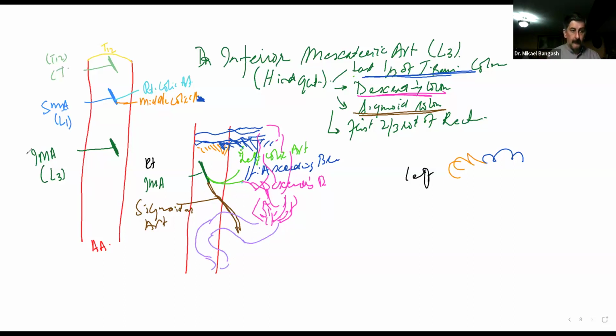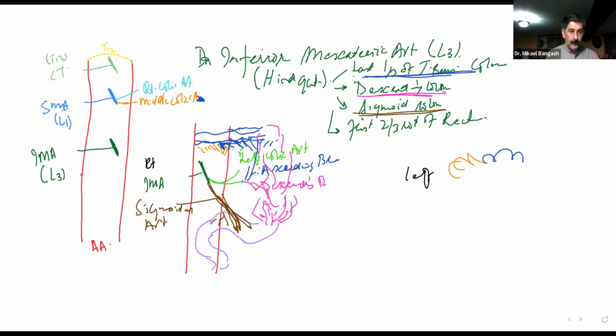Okay, but that's mainly going to be supplied by what we call the sigmoidal arteries, which is a branch of your inferior mesenteric artery.